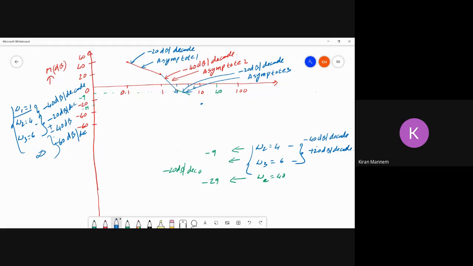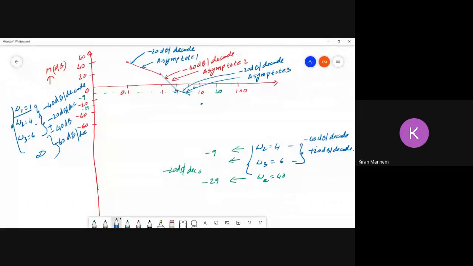Again, take this point when omega equal to 6, what is the value? I think it is minus 14 dB. So at this point, at 6, it is minus 14.